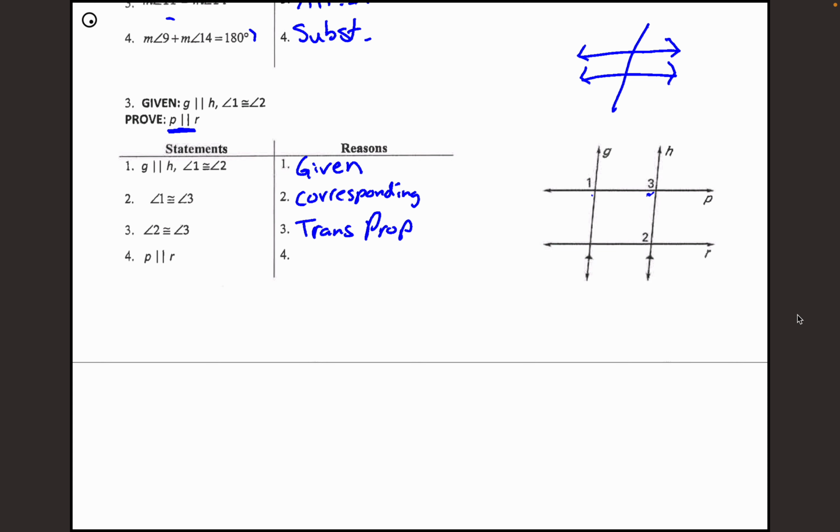Finally, we can say P is parallel to R, all right? And this one is going to be called corresponding converse. Now, does converse ring a bell, other than the shoes?